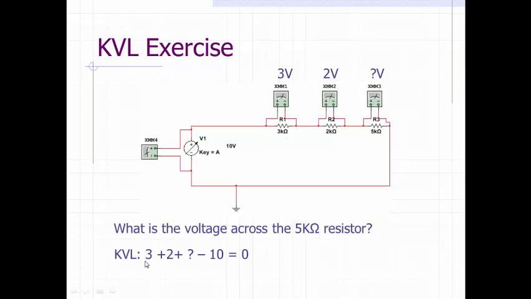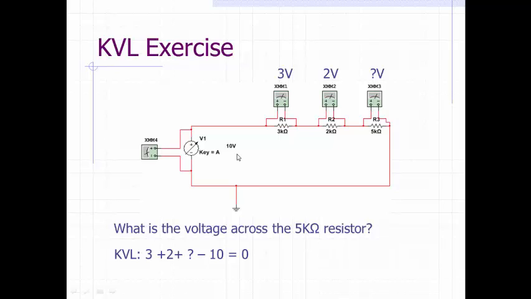So that's why you have 3 here, and then the drop here is 2 volts. The drop here, I use the question mark to represent it. And then when you go back to here, from this node to this node is actually increased 10 volts. So you actually put a negative sign here.